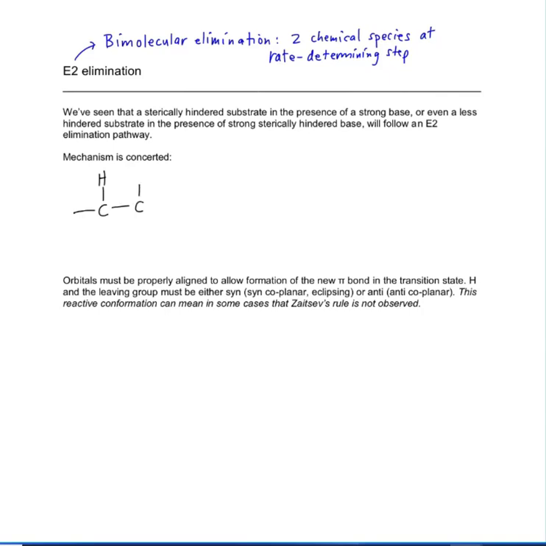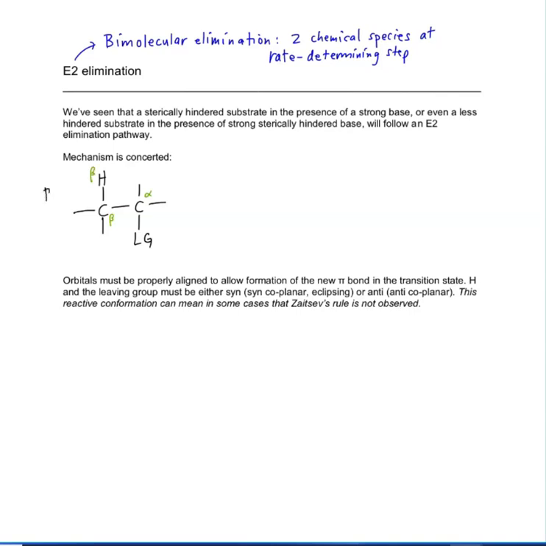So let's draw the mechanism. Remember that the leaving group is attached to a carbon that we label the alpha carbon. One bond away from an alpha carbon is a beta carbon. Any hydrogens that are attached to beta carbons are called beta hydrogens.